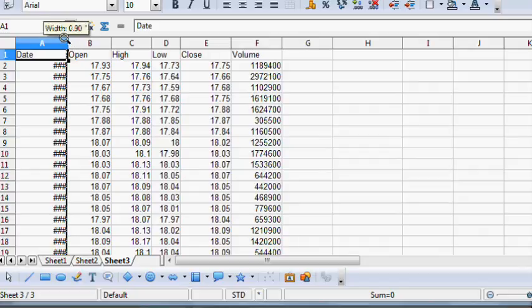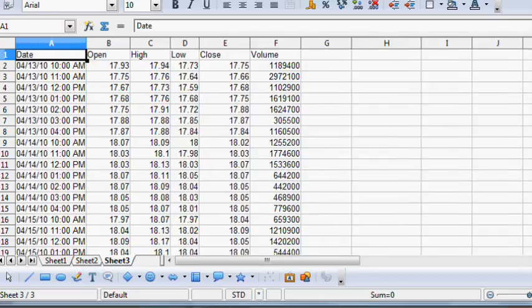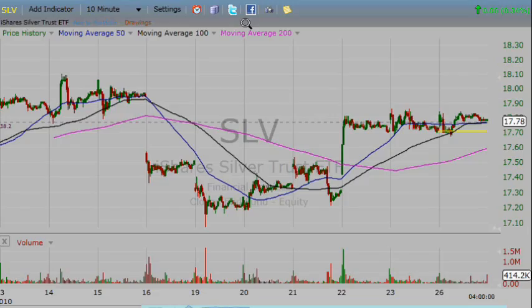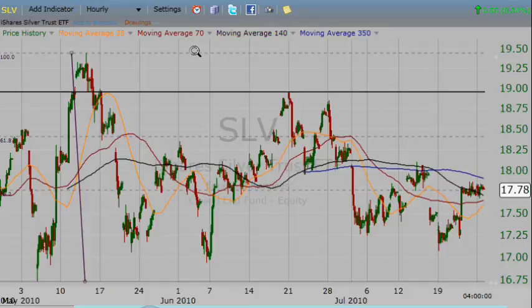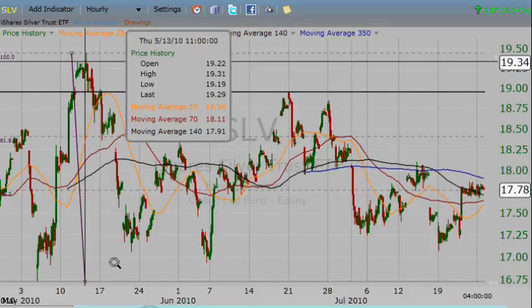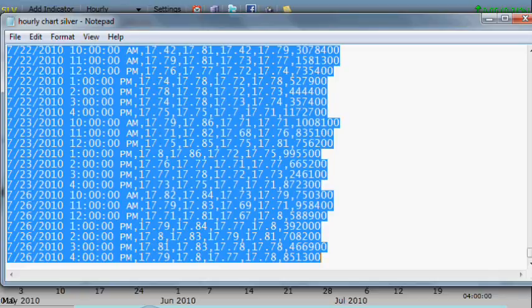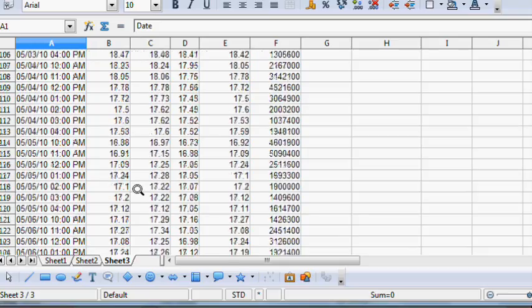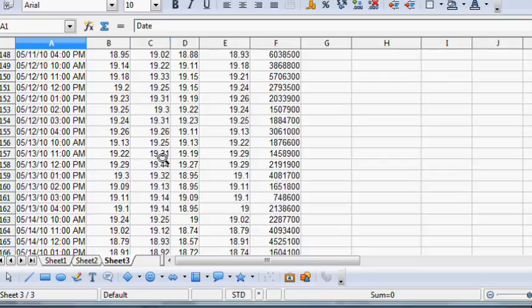Now what we need to do is find the 1944 level, which would be at the time frame of May the 13th. So we'll look for May the 13th, and here we are. There's a 1944. To get the volume weighted price, we need the sum of the prices and volume.